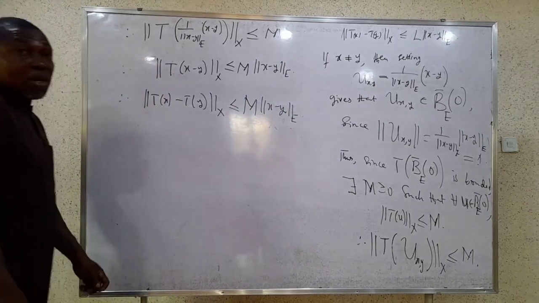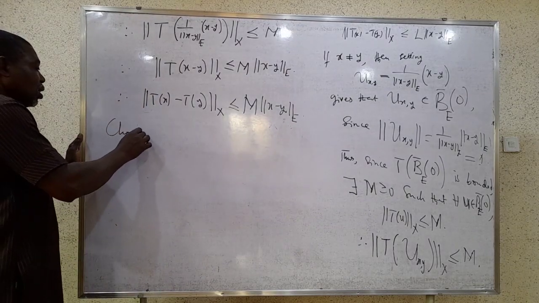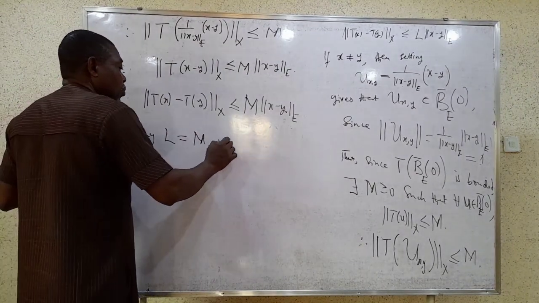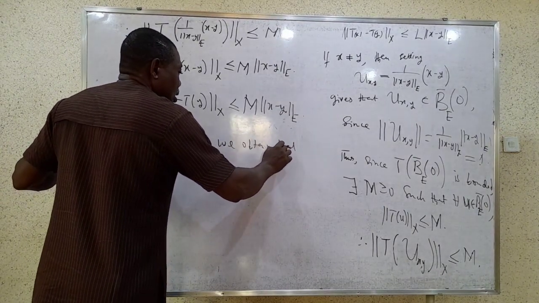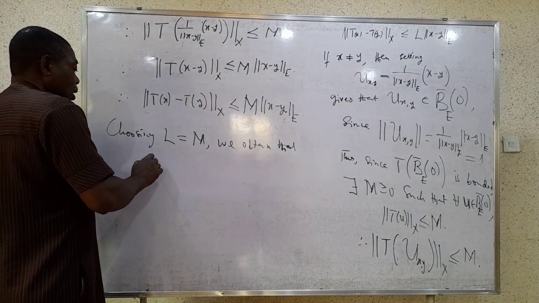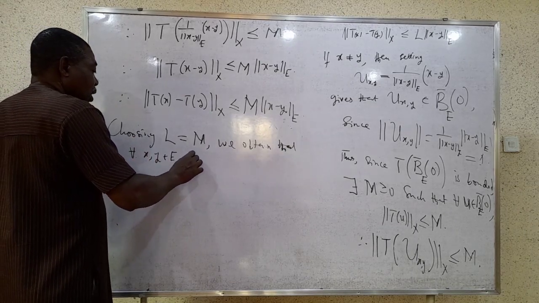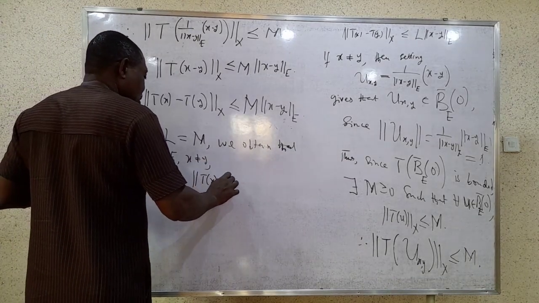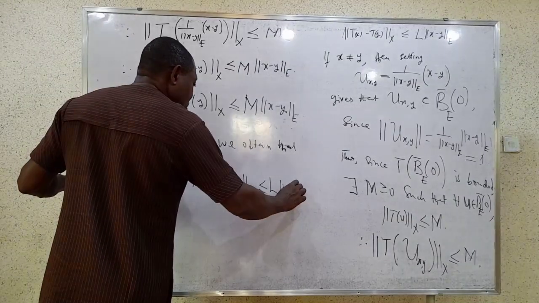Remember, our job is to find a constant L for which this holds. So choosing L equals M, we obtain that for any x, y in E with x not equal to y, norm of T of x minus T of y is less than or equal to L norm of x minus y.